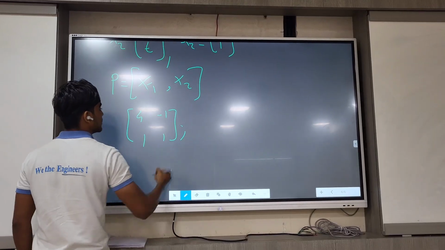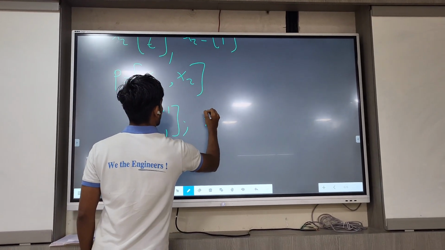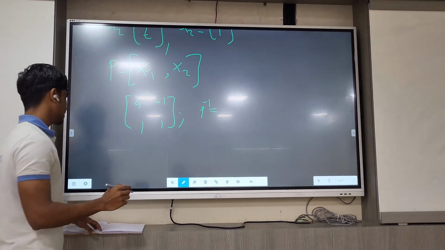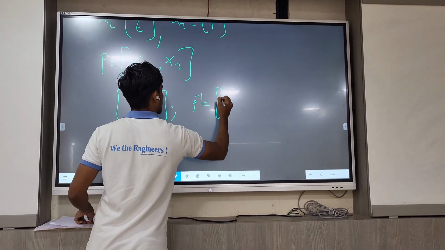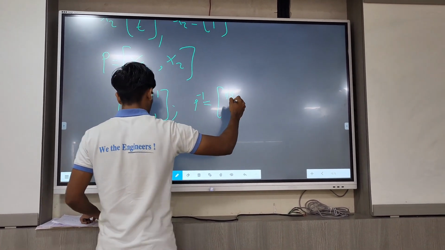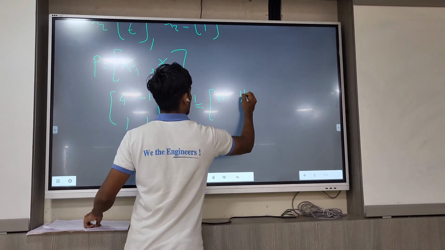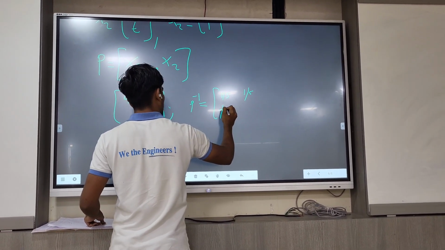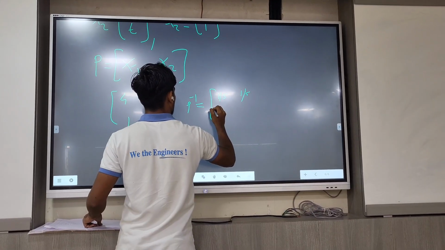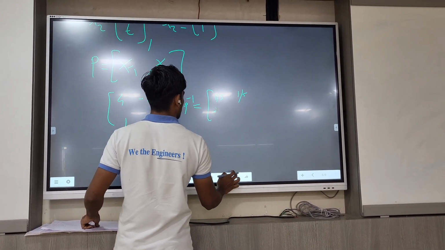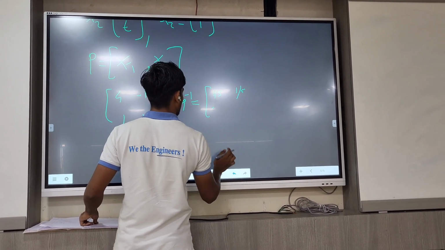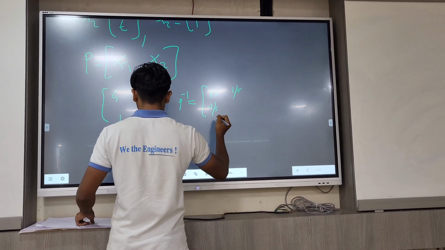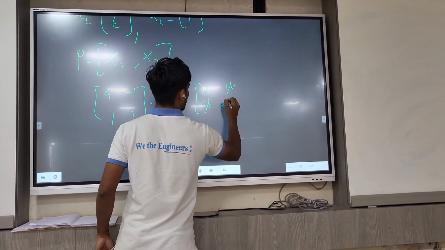So we have to calculate the P inverse for that. So we put P in the calculator and then invert it. So we get 1 by 5, 1 by 5, minus 1 by 5 and 4 by 5.